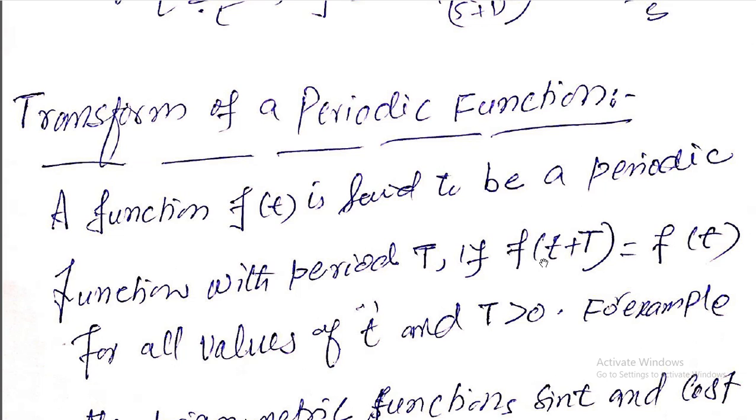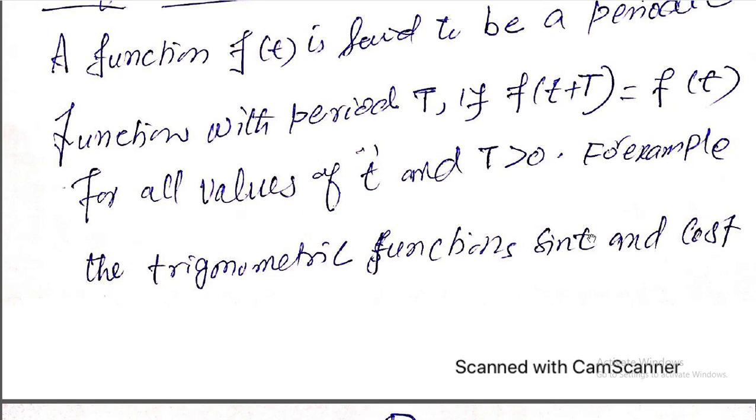So you can see that if we add T, we get the same function. So we call this a periodic function of period T, for all values of t and T greater than 0.